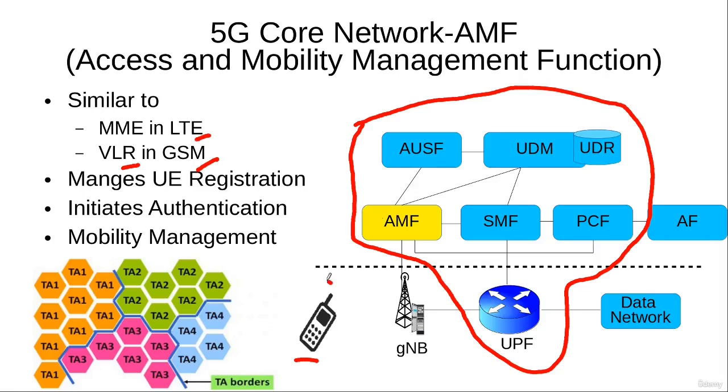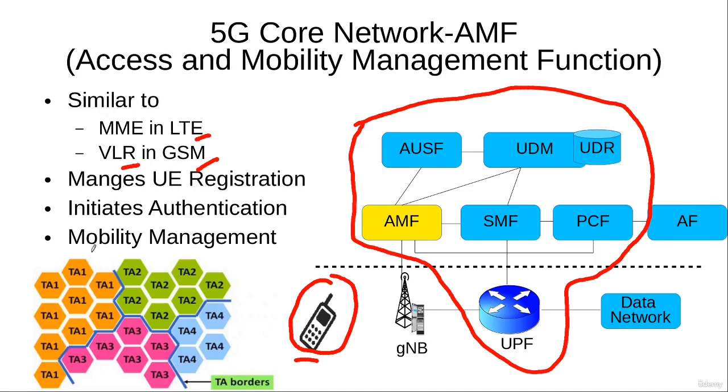So when a user equipment wants to register with the AMF, before that this user equipment needs to be authenticated in order to check whether this is a valid user that is allowed to use this network or not. And this authentication process is initiated by the AMF.